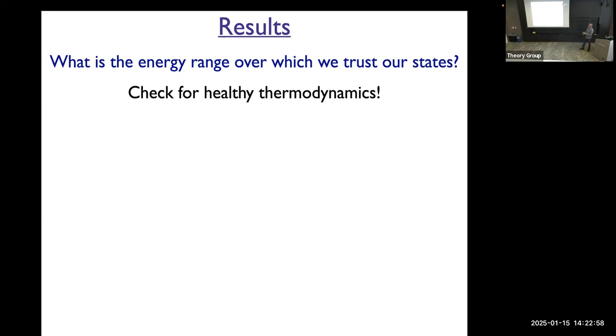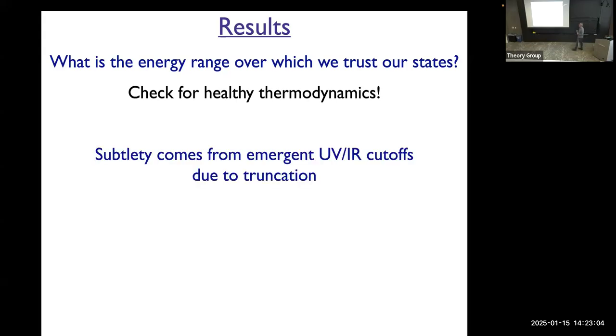In the regime in which the thermodynamics looks like it makes sense, those are the states that we trust to do our numerical experiments over. The subtlety comes because we are doing this truncation in a dimensionless parameter, and so we have to discover what the emergent UV and IR cutoffs are.